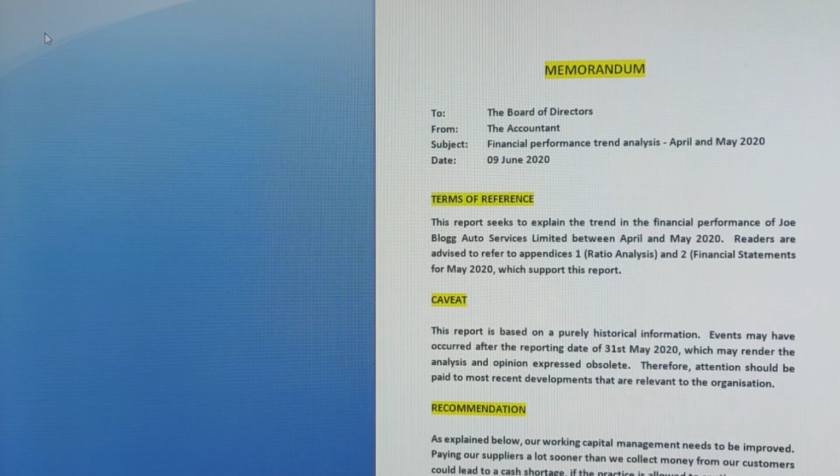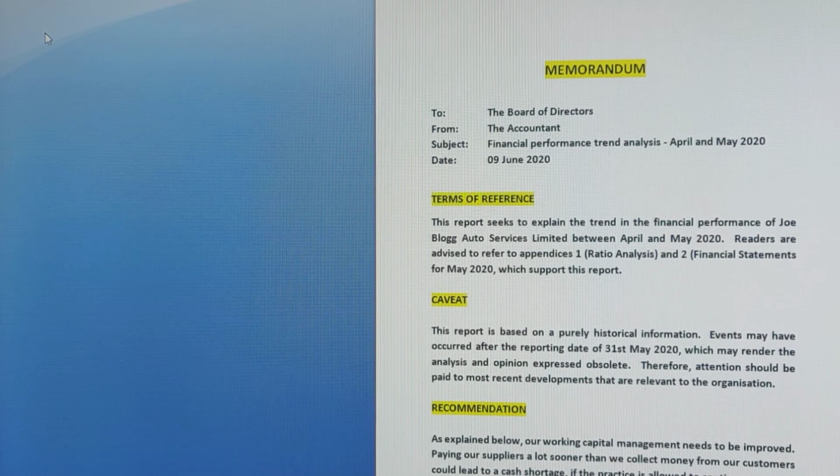If I say in my report that the organization has not done very well, and things have since improved since the date of this report, then people need to know. Okay? They may have improved their debt collection, or the company may have even gone bust. But the report will not cover that because it's only focused on what happened in the past. Okay? You have to let your readers know.